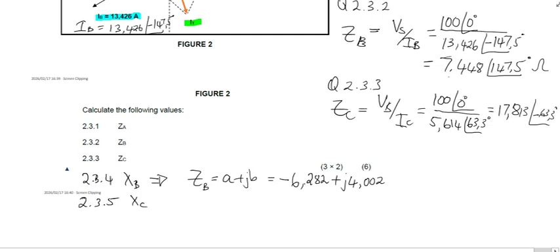So now remember, this is the R plus j(XL minus XC), XL minus XC. So now we're going to take this value, which is our XB. Therefore XB is equal to j4.002.